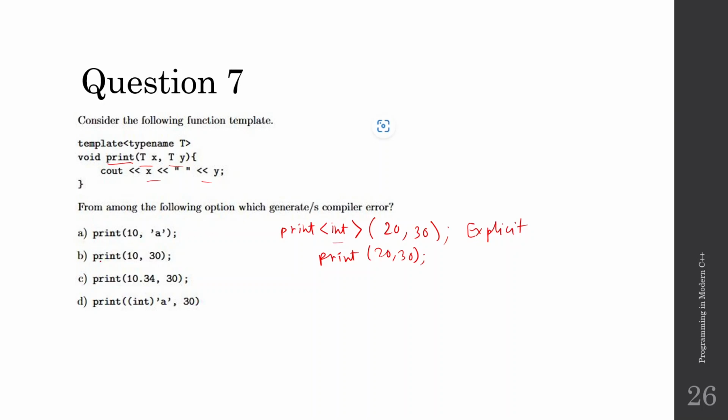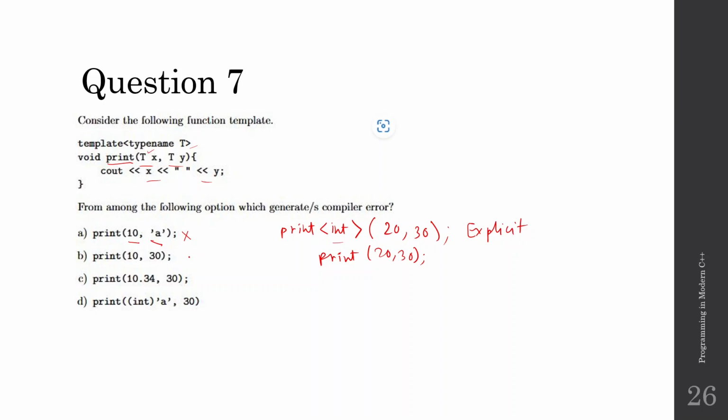So over here, this is multi select. In the first case, first argument is integer, second argument is character. As you can see over here, both the arguments should be same. So it is not possible to derive the type. So the first one will throw a compiler error. Now coming to the second one, here both the arguments are integers.